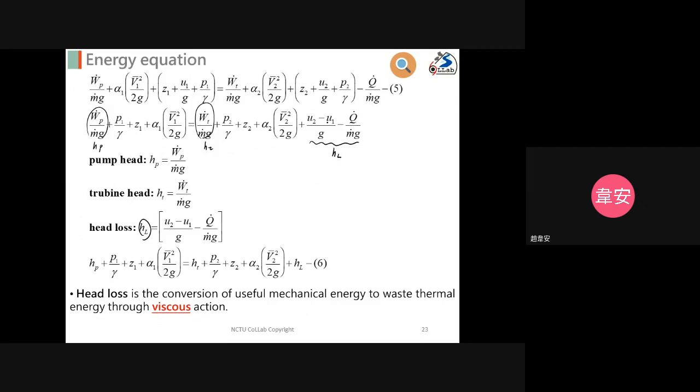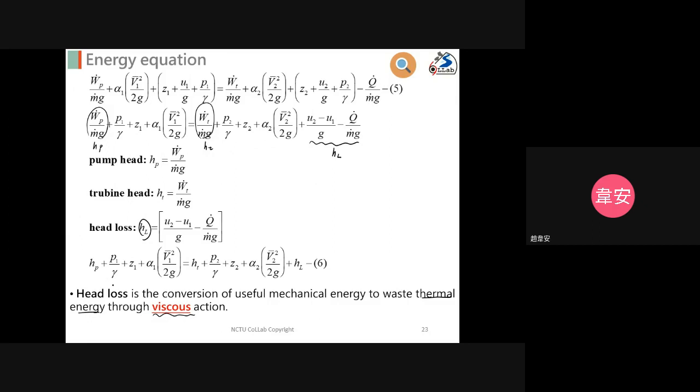So that means the internal changes minus the heat transfer. Okay, and so we know that the heat loss in the fluid problem is related to the thermal energy related to the viscosity actions.